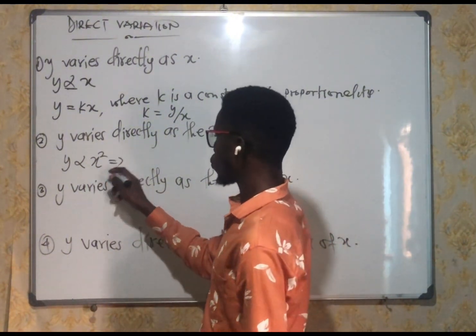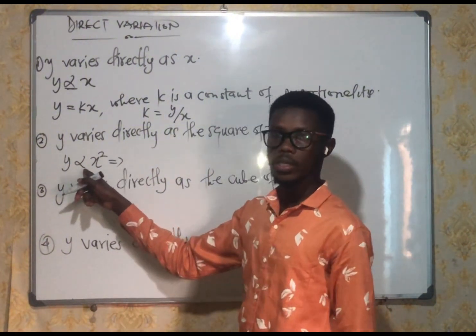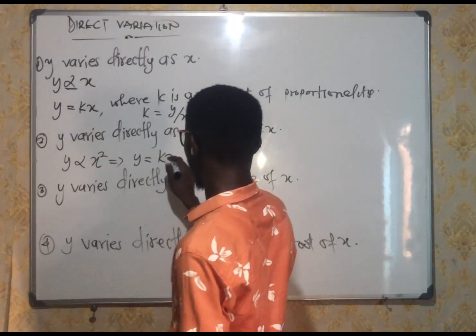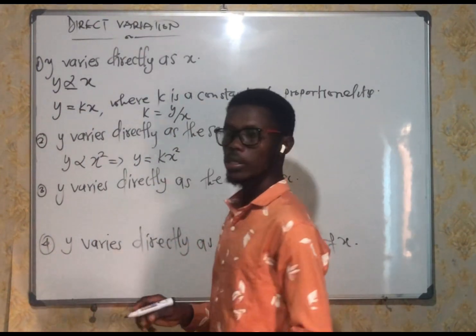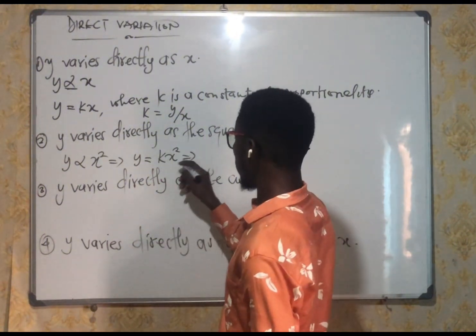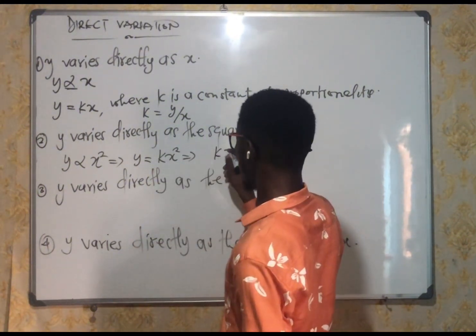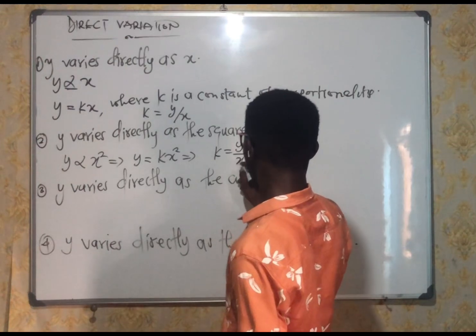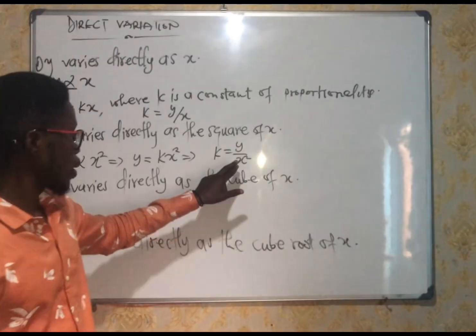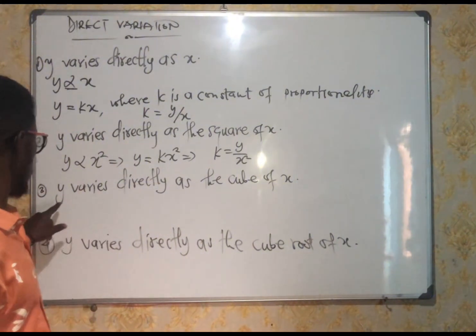If I want to take off the variation symbol, I will write y equals kx squared. Is that okay? If I want to make k the subject, my k will be y over x squared.